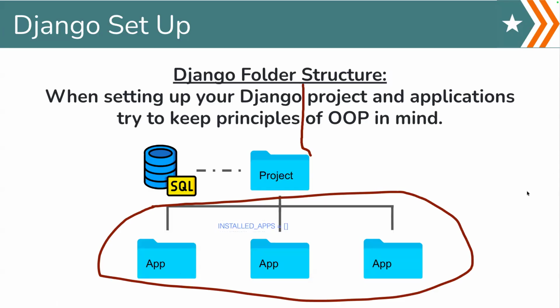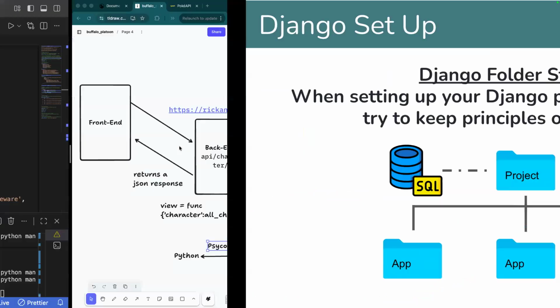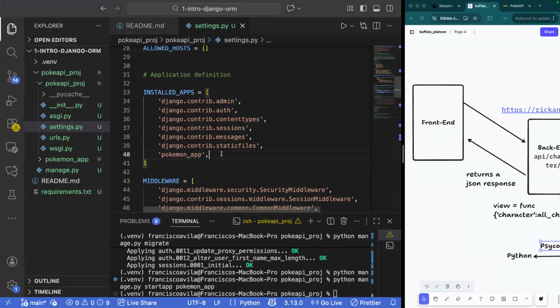Right, so that's the only reason why it's able to find it. If it's not within the list of installed apps, the project is unaware of the existence of that application. So you have to ensure that you add it. All right, so here's my Pokemon app. It has been officially added.